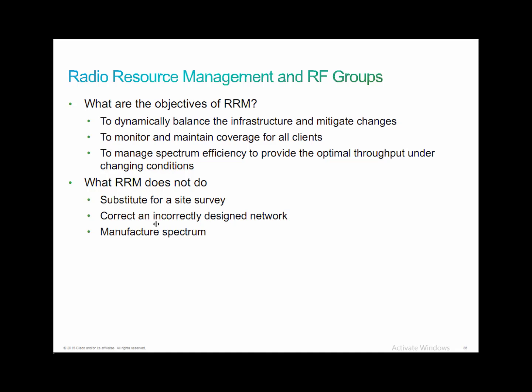So there's a term we use called RRM, or Radio Resource Management, that allows the unified wireless architecture to analyze the existing RF environment on a continuous basis and then automatically adjust things like power levels and channel configurations of the access points to mitigate things like noise from non-802.11 interferers, co-channel interference, signal black holes, signal coverage problems, that's what I meant to say, and so on.